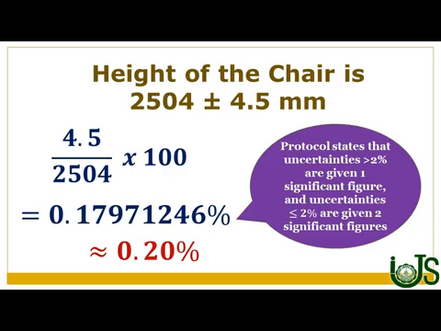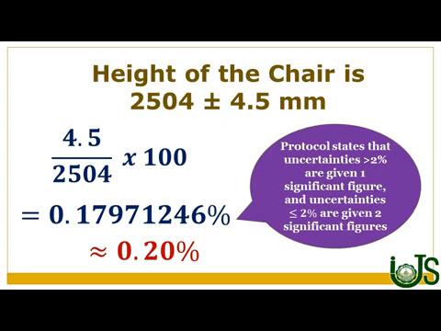So since the calculated answer, when you divide the 4.5 millimeters by 2,504, is less than 2%, you need to estimate it into two significant figures, which is equal to 0.20%. Do you understand?